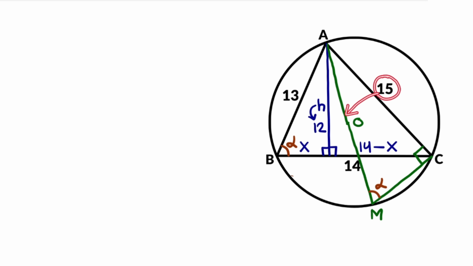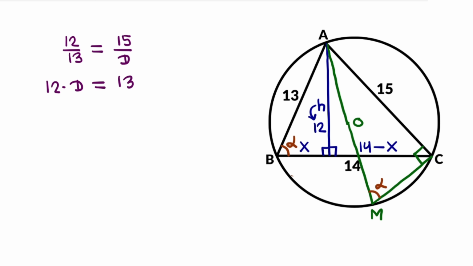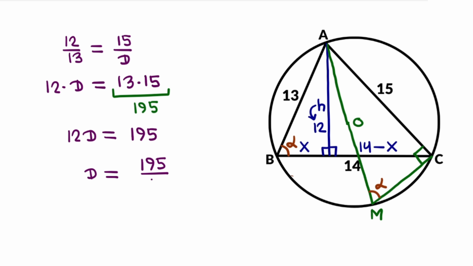Let's call that diameter D. So we have 12 divided by 13 equals 15 divided by D. Cross multiply. 12 times D equals 13 times 15. 13 times 15 equals 195. So, 12D equals 195. Divide both sides by 12, and we get D equals 195 over 12.